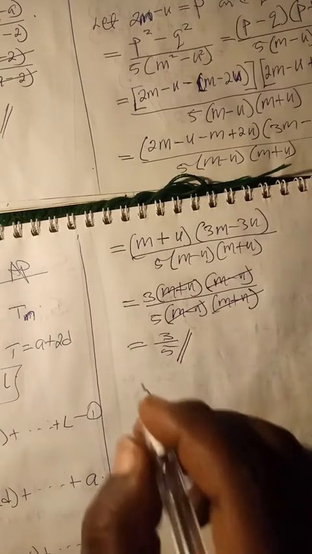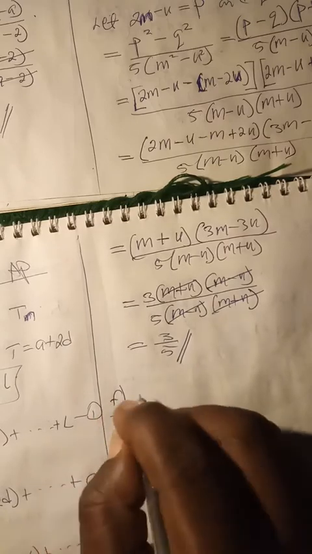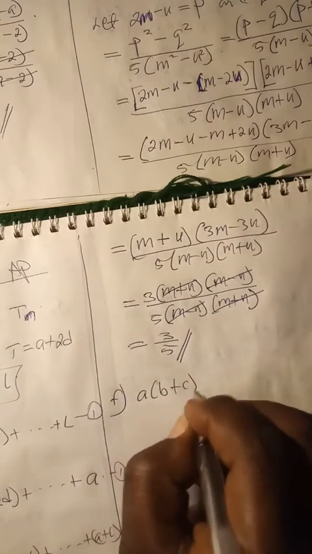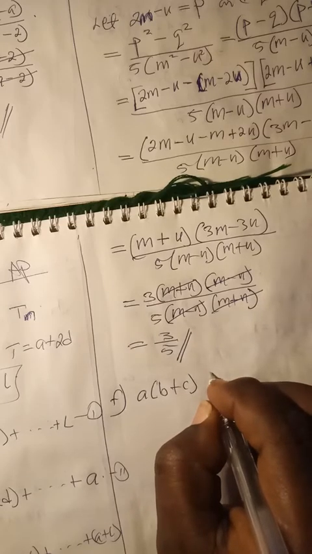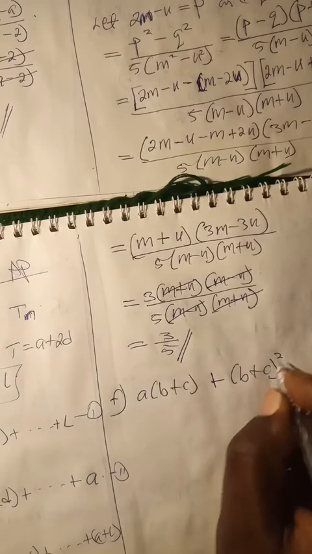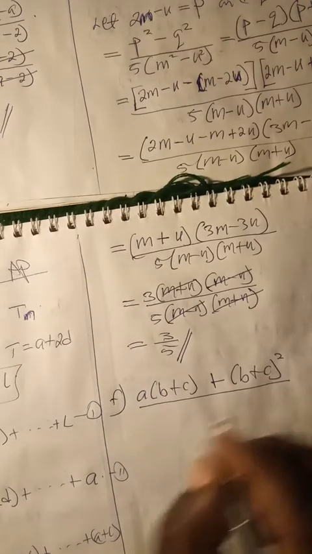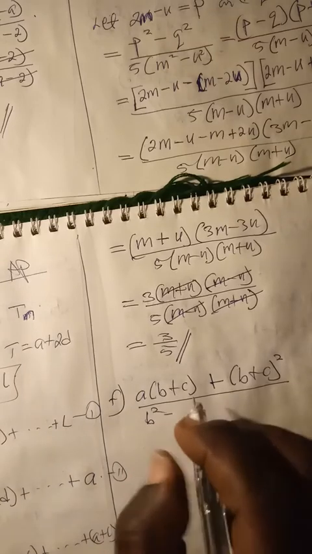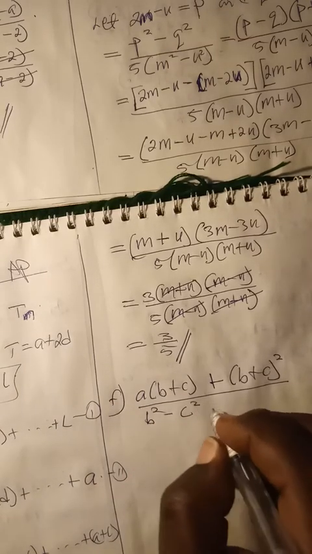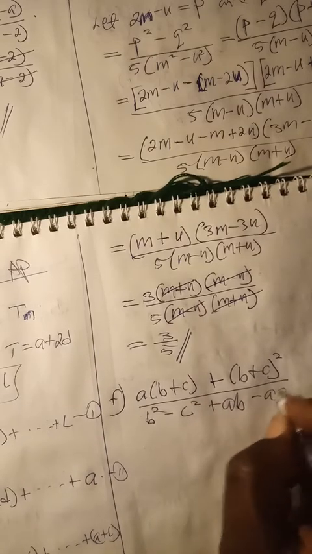So the next one, quickly, without any waste of time, f. We have for f, a bracket b plus c plus bracket b plus c both squared over b squared minus c squared, okay, plus ab minus ac.